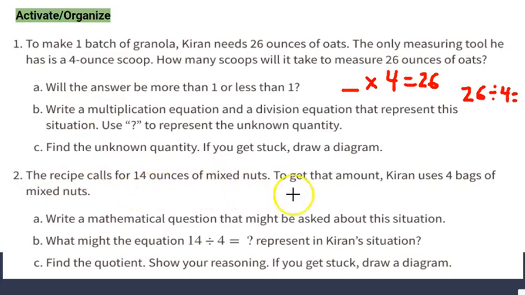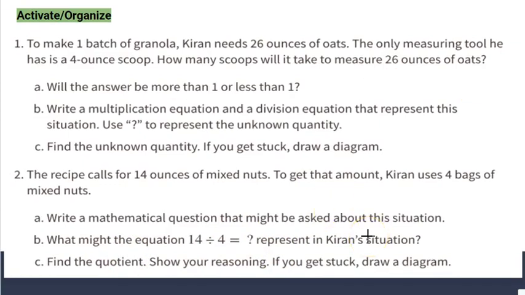Recipe calls for 14 ounces of mixed nuts. To get that amount, Kieran uses 4 bags of mixed nuts. So what can we figure out here? Same sort of thing again, right? We know that we need a total of 14 ounces of nuts.